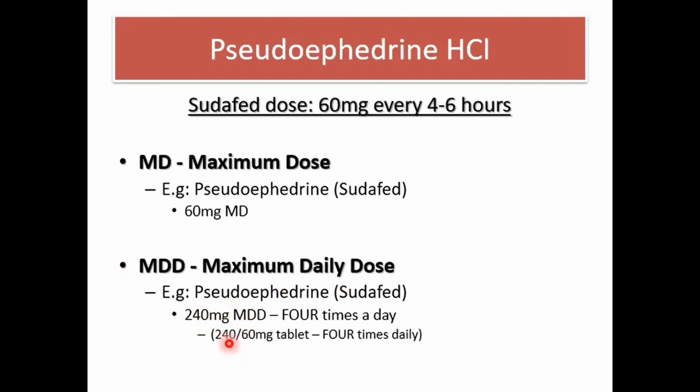So 240 divided by 60 gives you 4 times a day, and they can space it out every 4 to 6 hours. They can't have it 4 times a day, once every hour. There has to be a gap of at least 4 to 6 hours, but they can have up to 4 60-milligram tablets in a day.